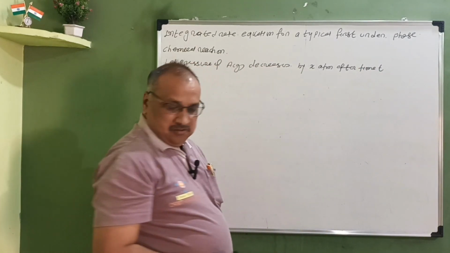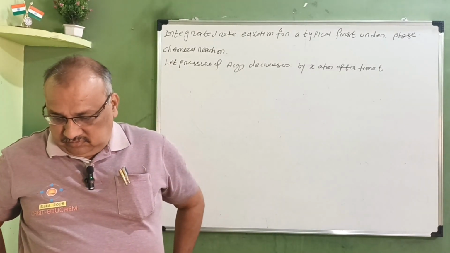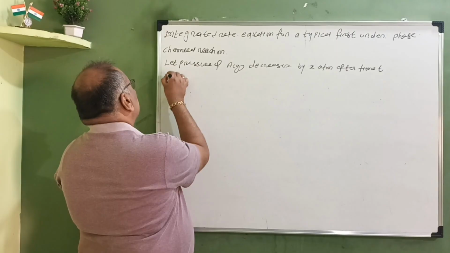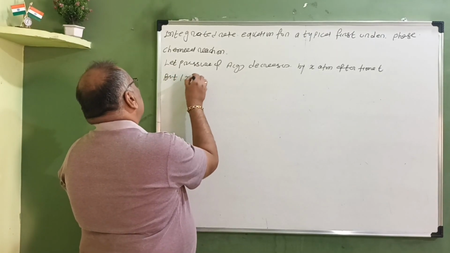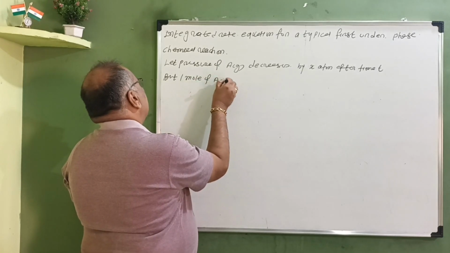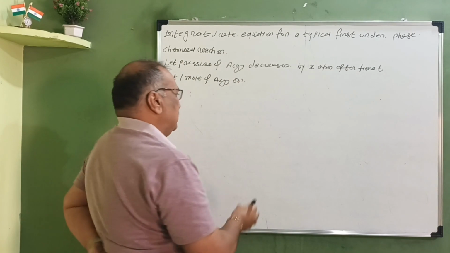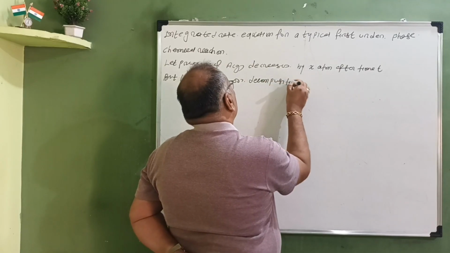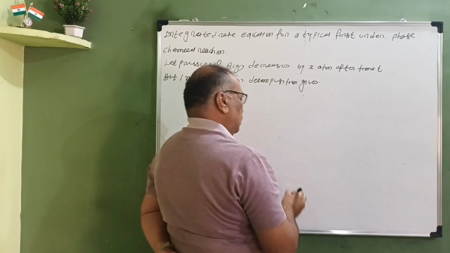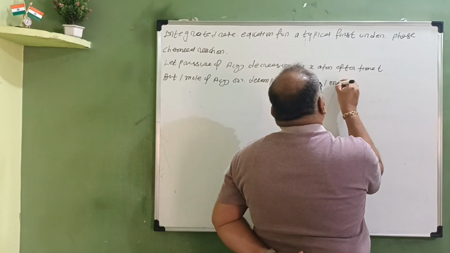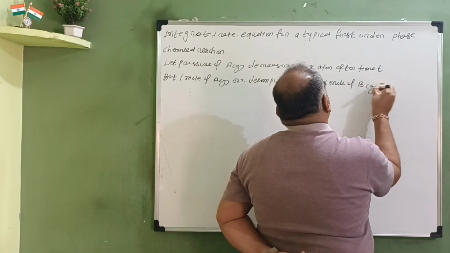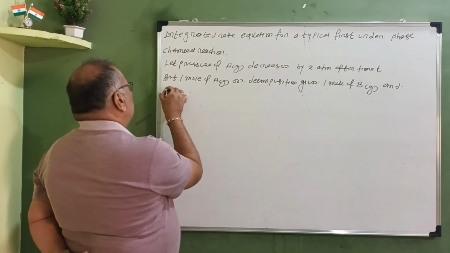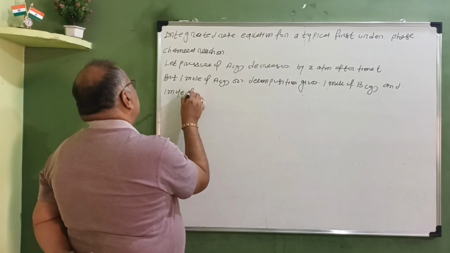That means here, one mole of A gas on decomposition gives one mole of B gas and one mole of C gas.